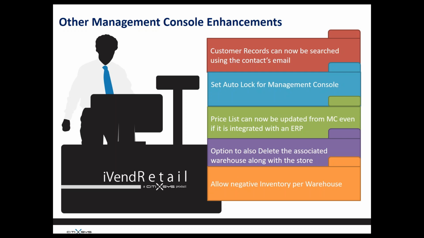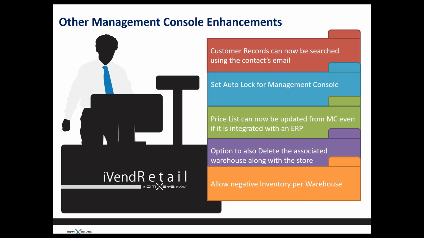Previously, in previous versions of iVend, we were able to search customers by email, but just the email that was defined in the master data, in the first page of the customer.